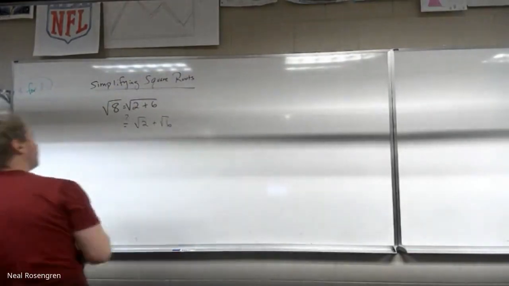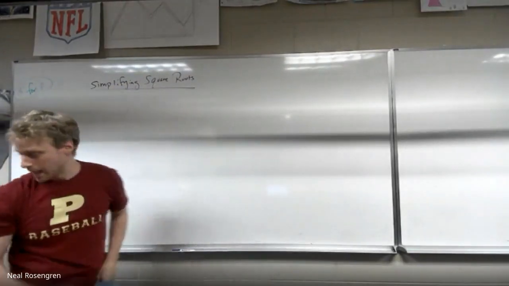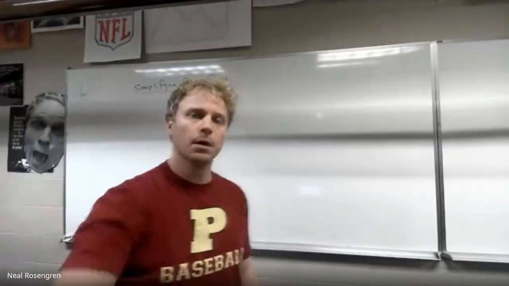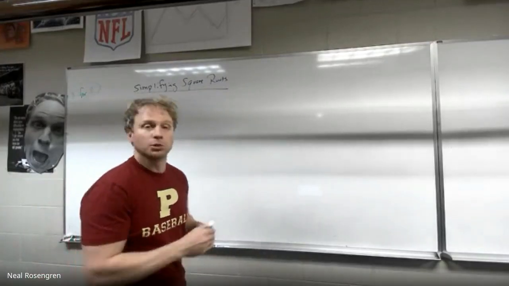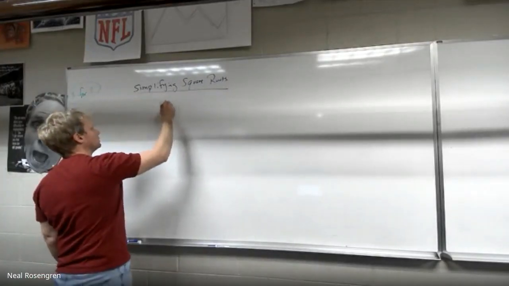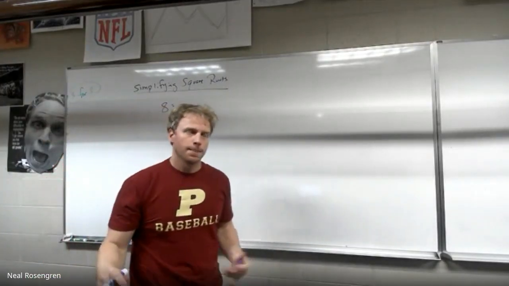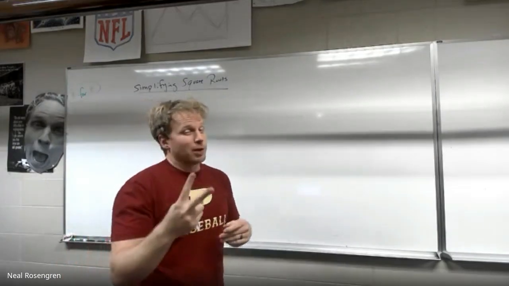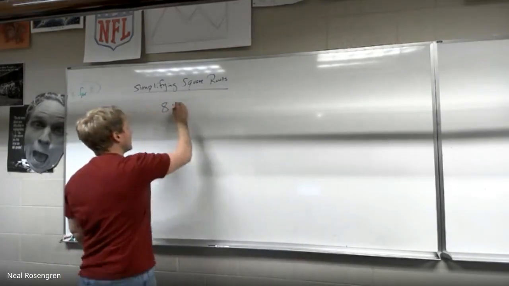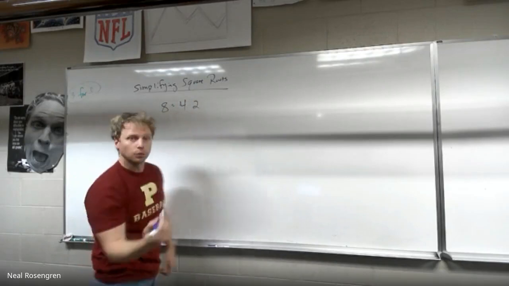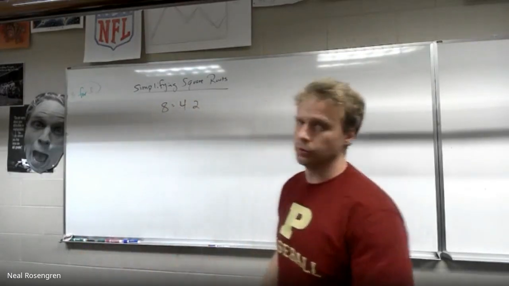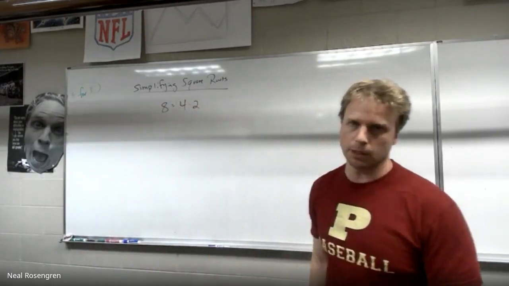What if, instead of writing it as two numbers being added together, I wrote it as two things being multiplied? Like, what if I took the number 8 and rewrote that as multiplying two numbers together, like 4 times 2? That equation's true, right? 8 and 4 times 2 are the same thing.